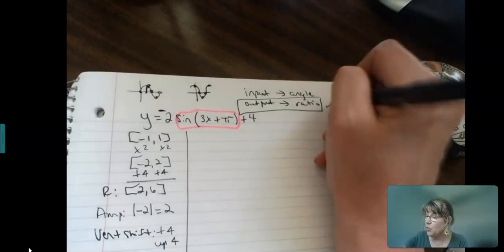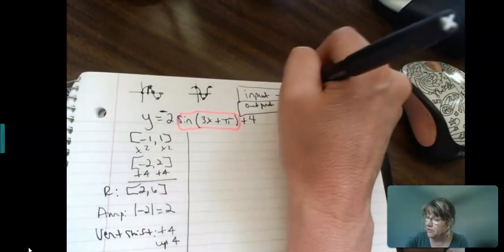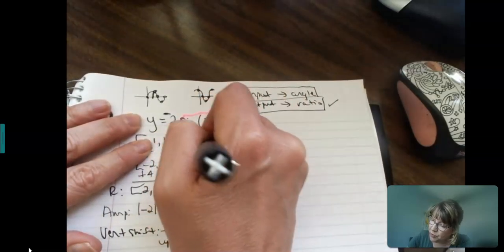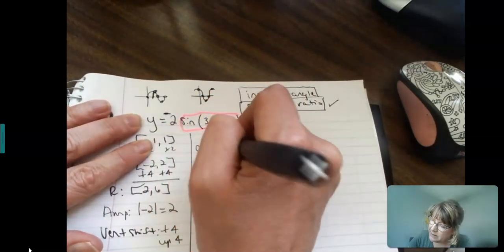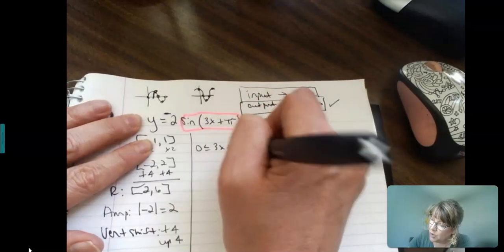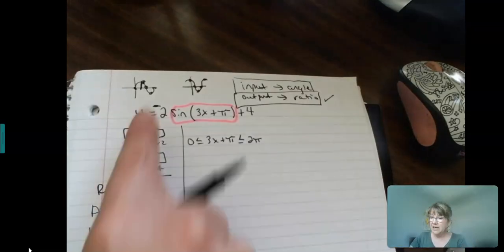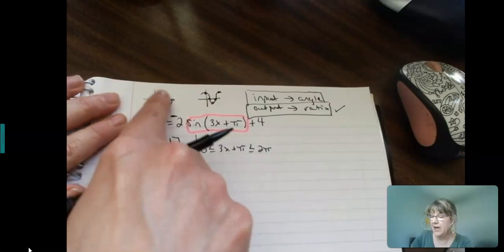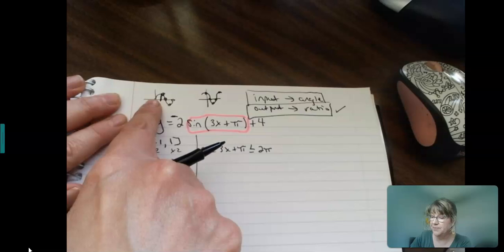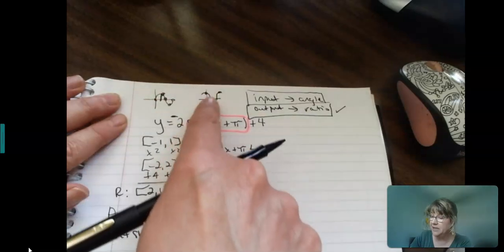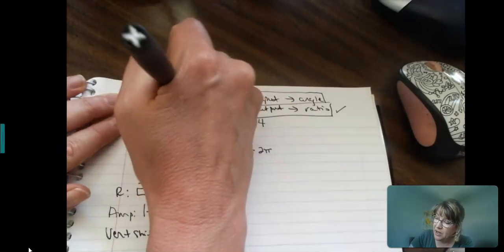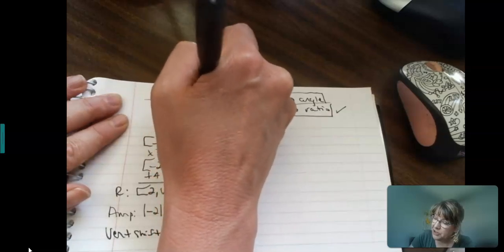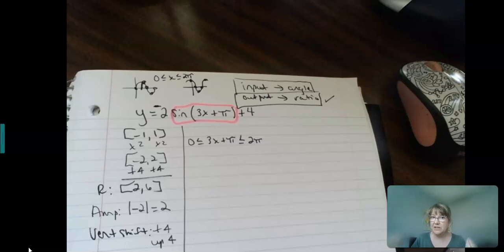This is a little bit more work, but again, not awful, just a little bit of algebra here. All right. So I'm going to trap it between 0 and 2 pi, because again, the point in which the 5 key points happen, okay, as far as mid, high, mid, low, mid, or high, mid, low, mid, high, the period of a normal trig function that has had nothing done to it is 0 to 2 pi.